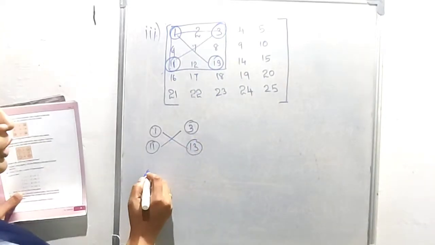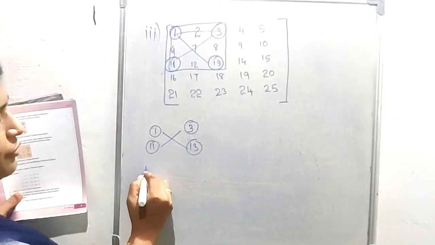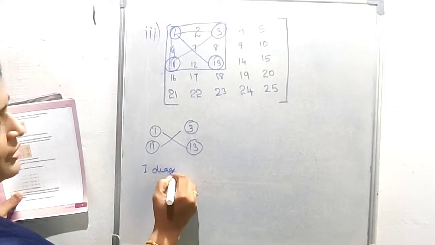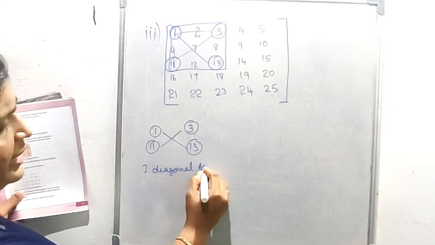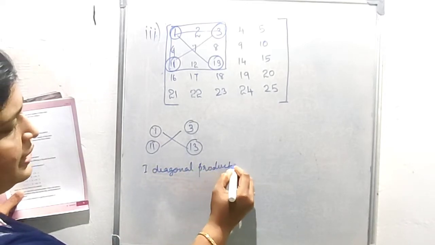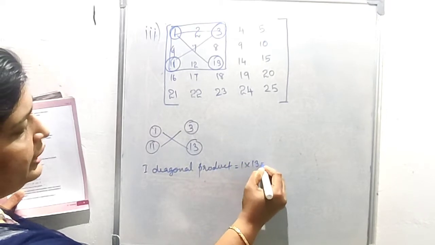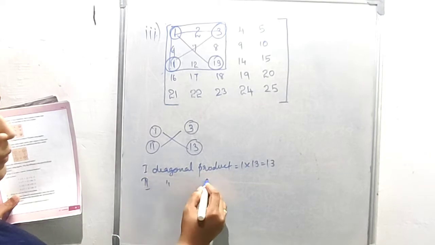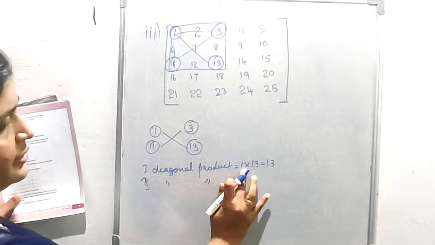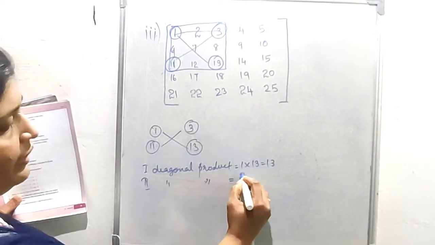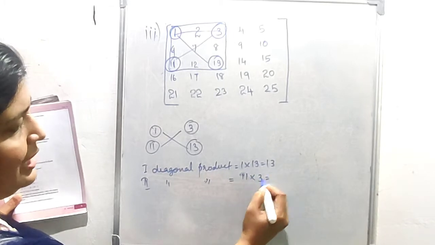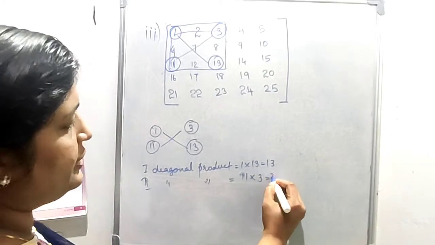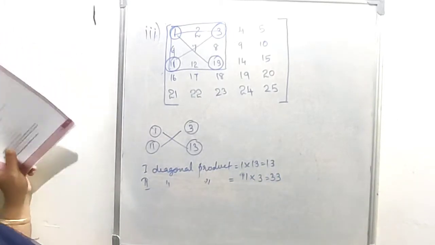So here what about the diagonal products? The first diagonal product is equal to 1 into 13, that is equal to 13. And what about the second diagonal product? Second diagonal product is equal to 11 into 3. What is 11 into 3? 11 into 3 is equal to 33.